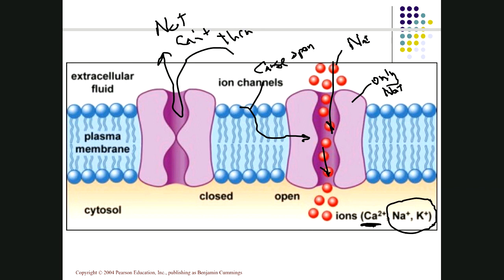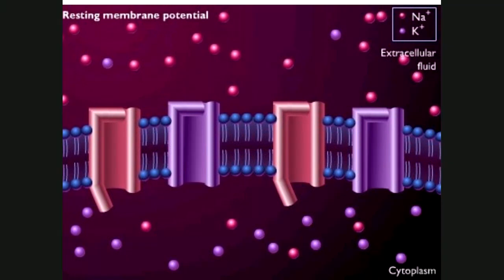So if we look at this picture, we can see both types of channels. So look, we have sodium channels and we have potassium channels. So the pink balls are sodium, and these purple balls are potassium. So that means this is a sodium channel. It's gated, and look, the gates are closed. So is this. But this is a potassium channel.